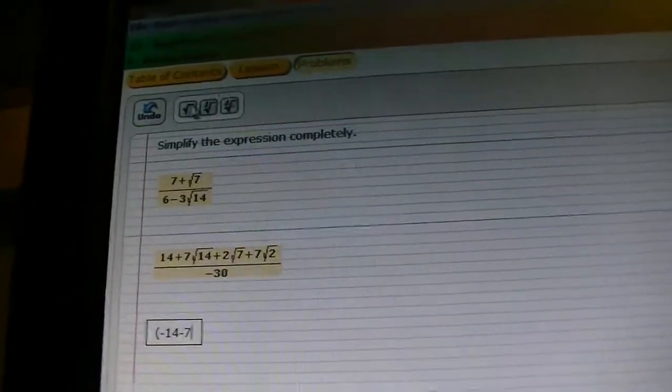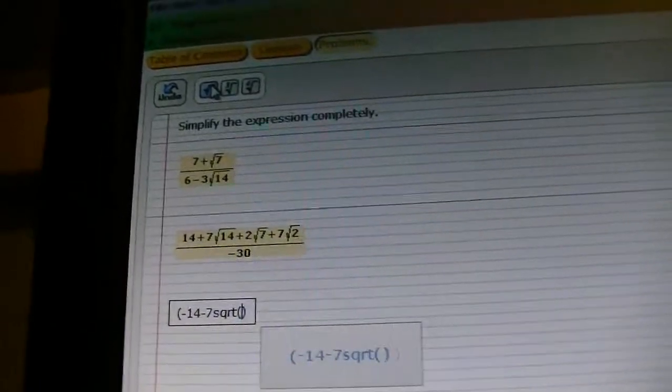When I do that, I have to distribute it. So I need to type negative 14. We better have the parenthesis in front because we want to show that this whole thing is in the denominator. And then we type negative 7. Use your square root sign. 14.